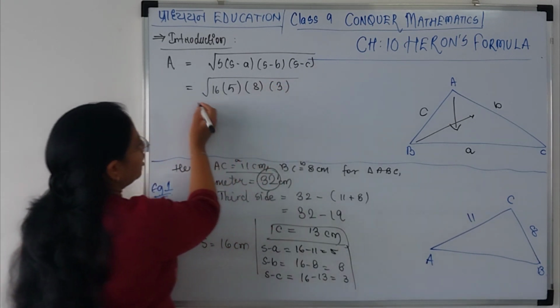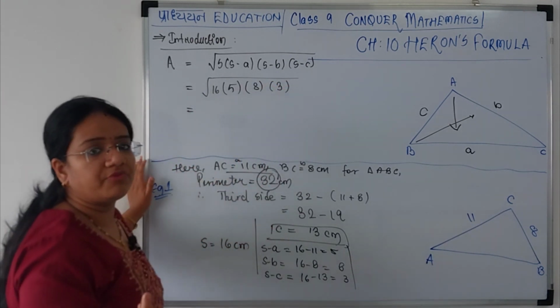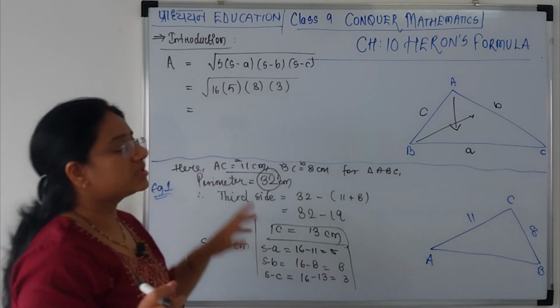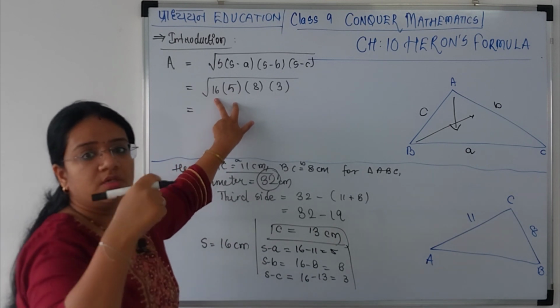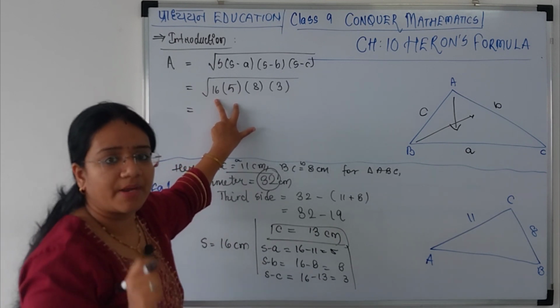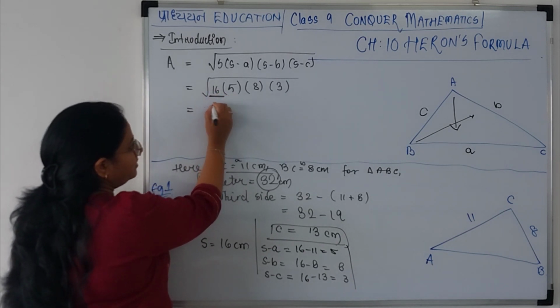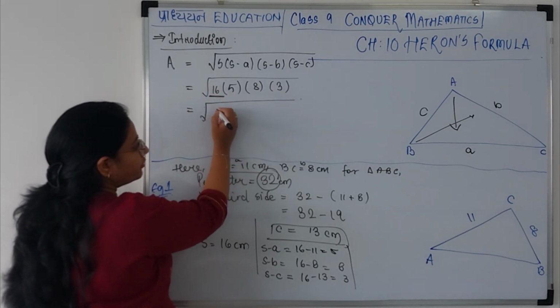Now here comes the problem where students find it difficult to calculate the square root. What we should do is always split the numbers given inside the root. See, 16 is 4 square, so you can write it as 4 square.